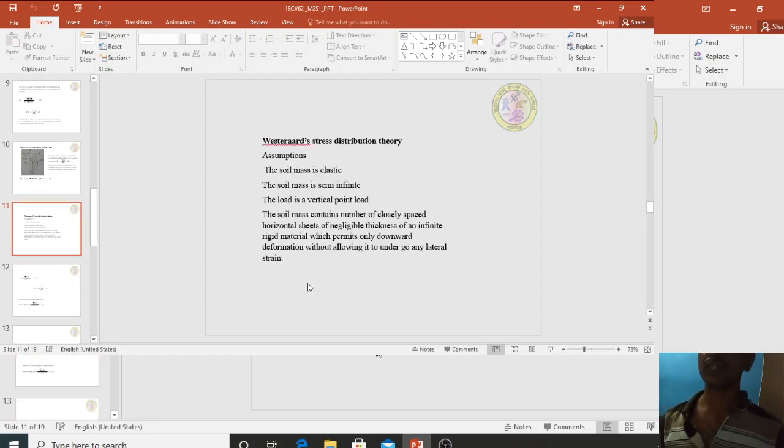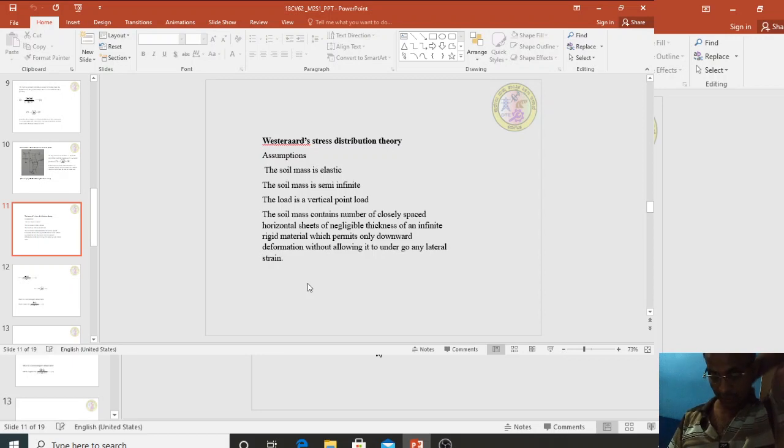Coming to Westergaard's stress distribution theory. After Boussinesq, Westergaard proposed a theory to give a solution for closely spaced layer by layer deposits.